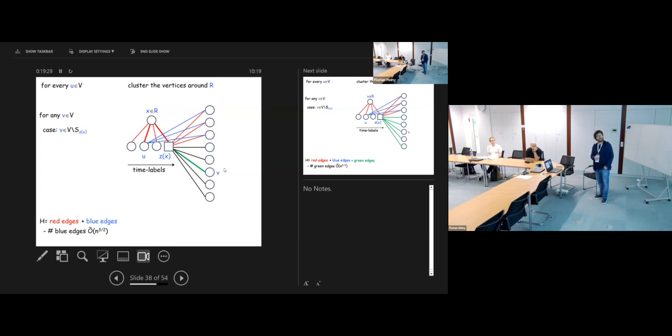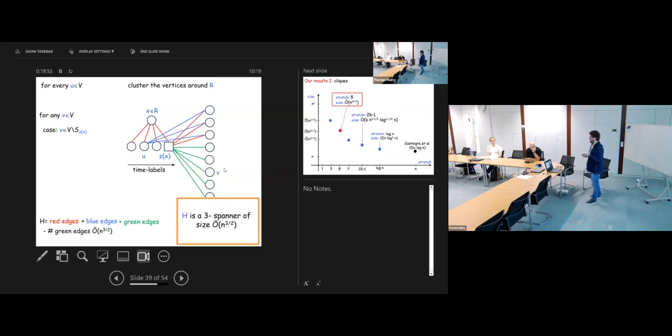And so this is a path of length 3. Again, we don't have the green edge in the spanner, so we add it. How many green edges? We have n green edges for every special vertex. The number of special vertices is square root of n. So the number of green edges in total is order of n to the 3 over 2. And so this gives a spanner with stretch 3 and size roughly n log n times square root of n.